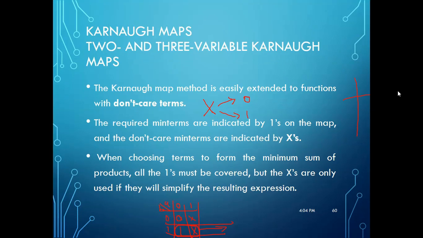So considering this x as 1, you can write the expression for this. That is what they are saying here: only if necessary, you include the x term, and you get the simplified expression.